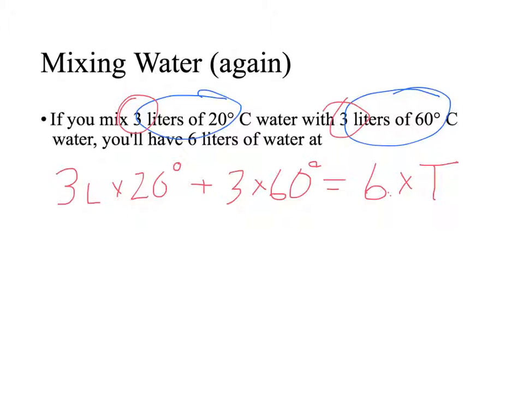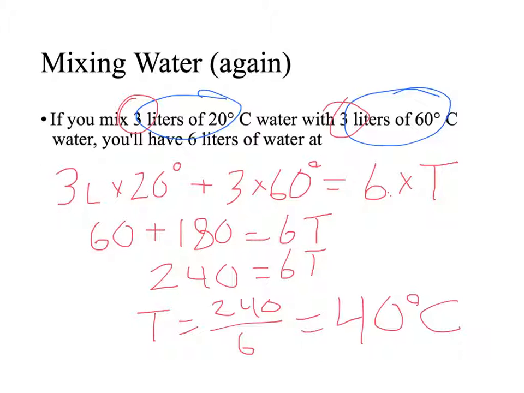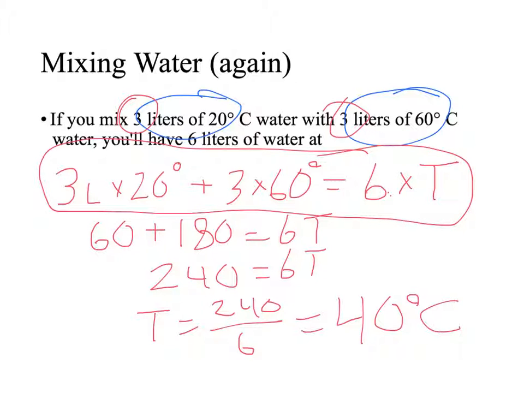When we solve this, we get 60 plus 180 is equal to 6T. 240 is equal to 6T. T is equal to 240 divided by 6, which is 40 degrees Celsius.